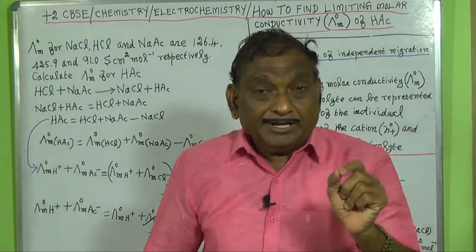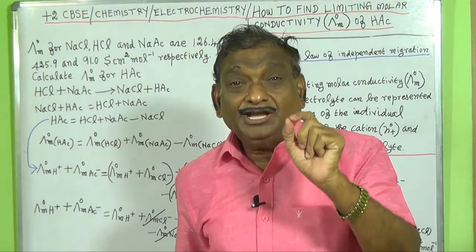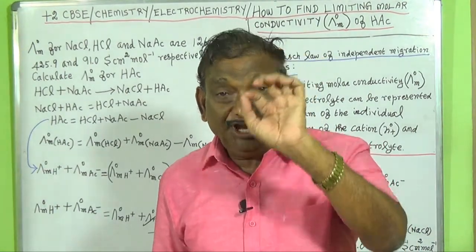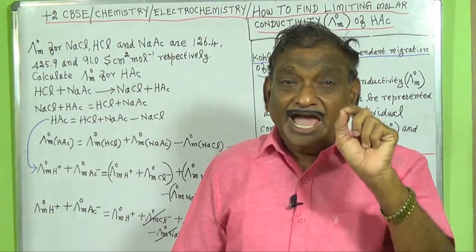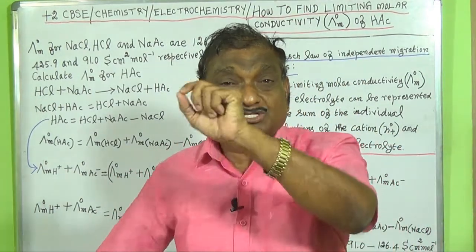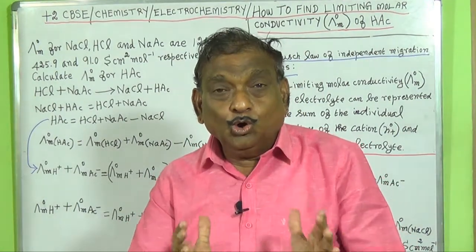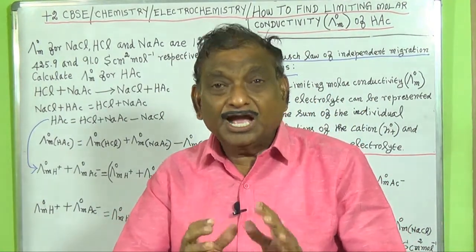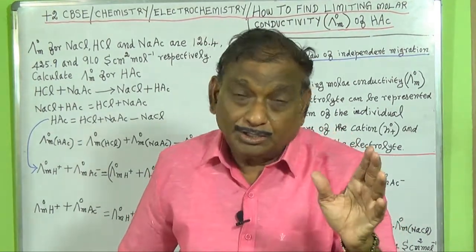We know that when the concentration decreases, the conductivity will also decrease. That is, the conductivity is directly proportional to the concentration. So, at this low concentration, the conductivity will become so small.